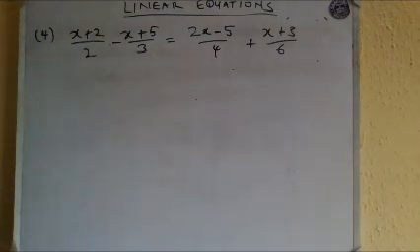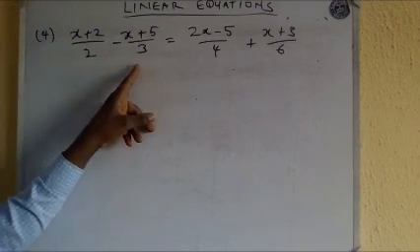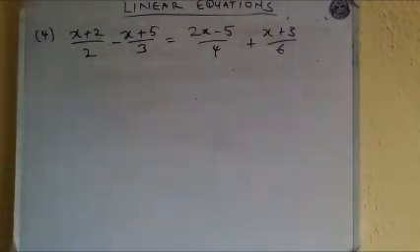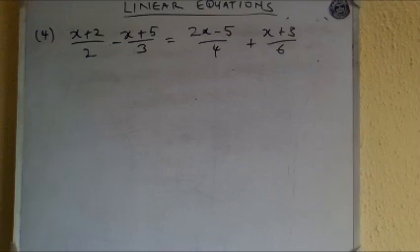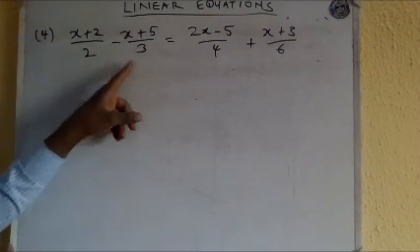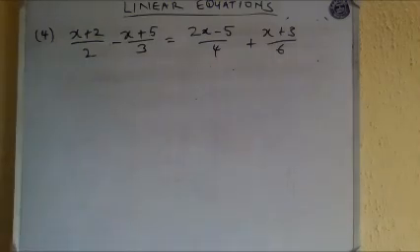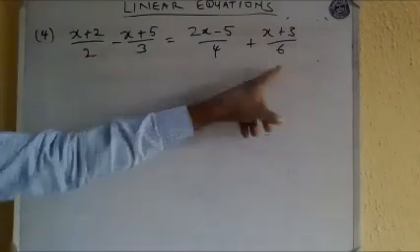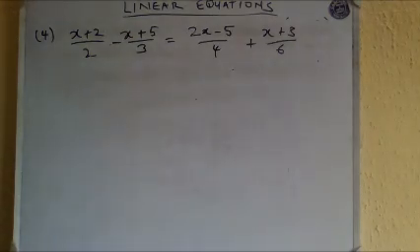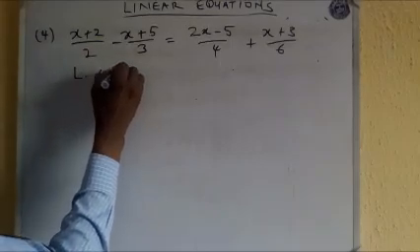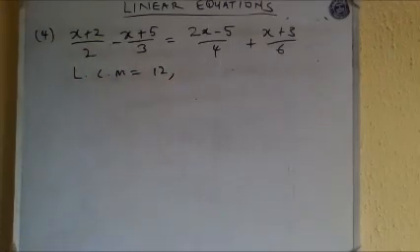I look for the least number that can divide these denominators without any remainder: 2, 3, 4, 6. The least number is 12. That is like the LCM. So if the LCM is 12, I will multiply each term by 12.